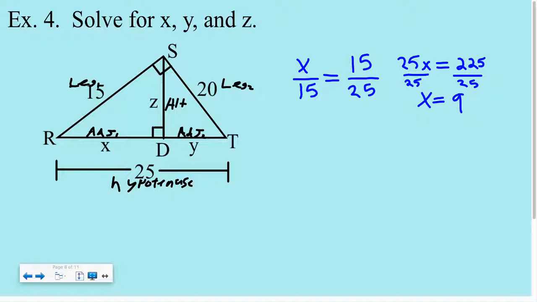Nicole, do you have y or z figured out? Okay, good. Divide this. What'd you write here? Okay. Y equals what? What'd you put in the picture?